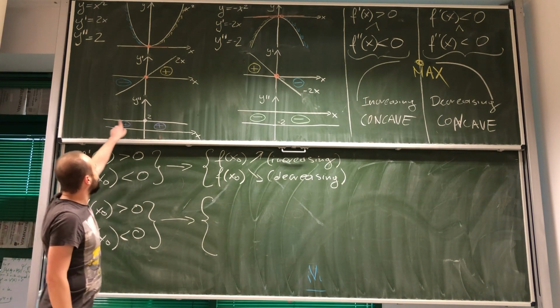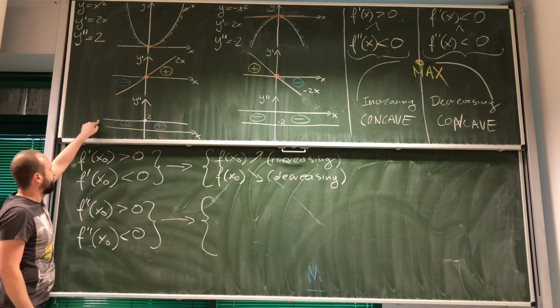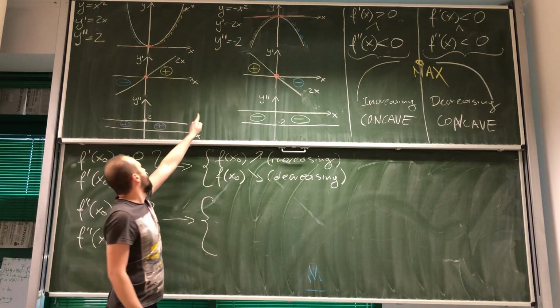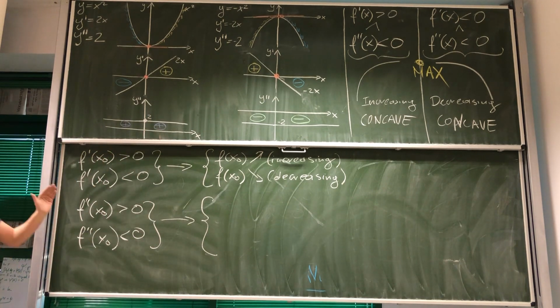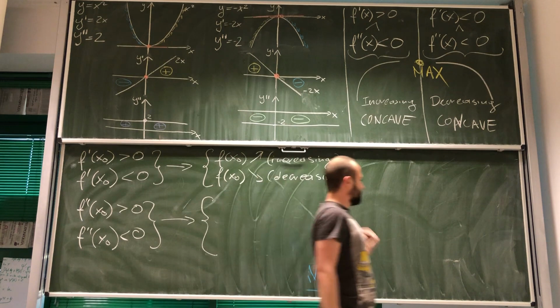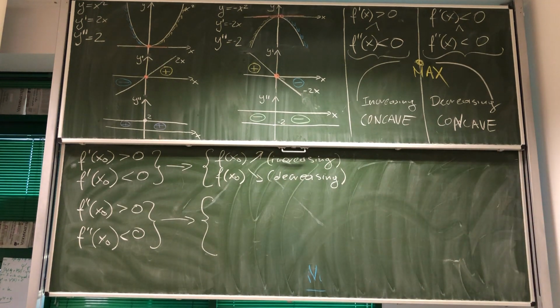Look, because here the second derivative was positive, we knew that the first derivative is upward sloping. And look, if the function is upward sloping, it means it goes from lower values to bigger values.